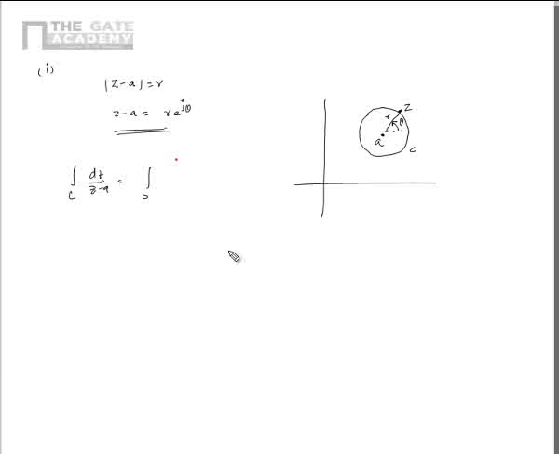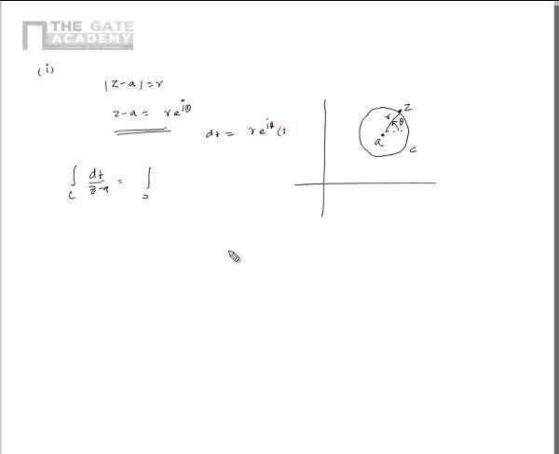So now z is this, so dz is, if you just evaluate dz, here a is constant and r is constant, so I can write z minus a as r e power I theta.